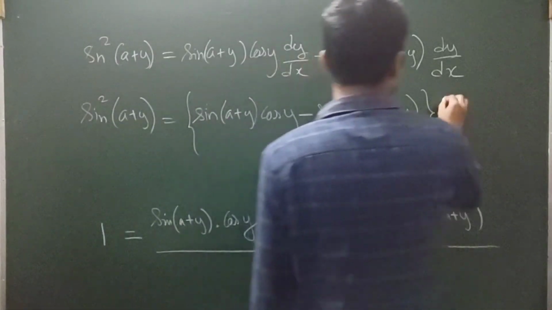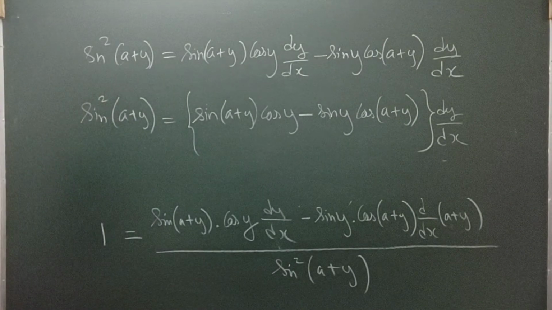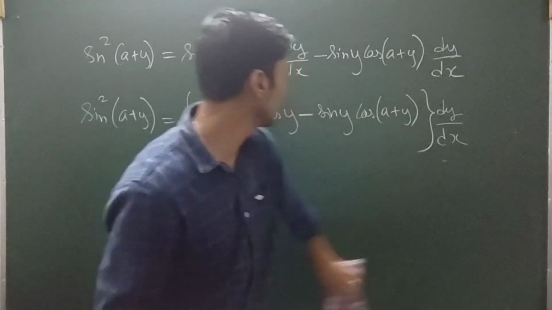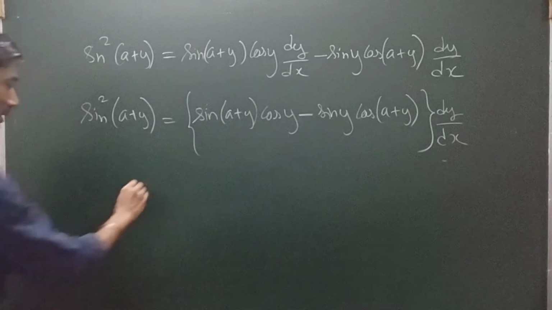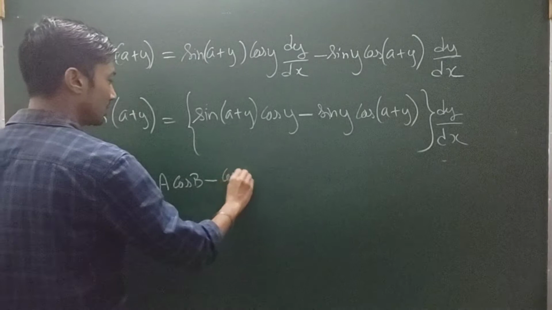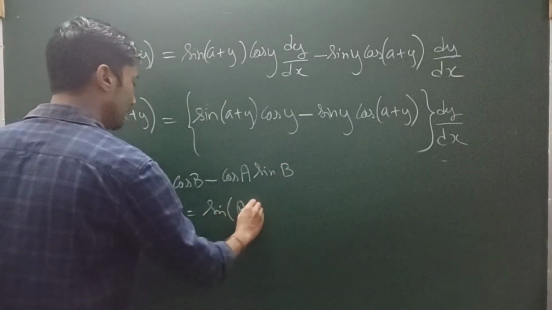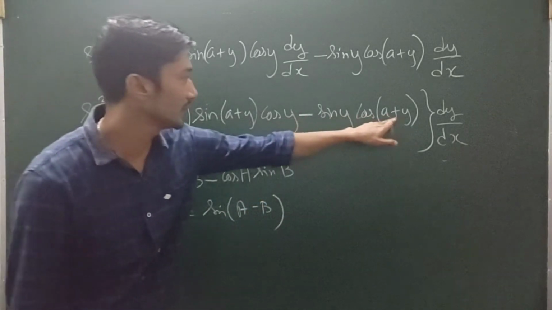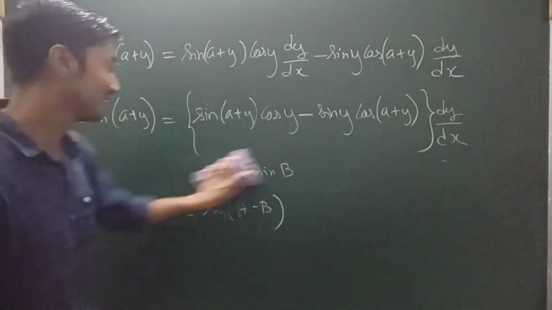Common dy by dx. Trigonometry comes into play again if you want to simplify it. Trigonometry identities. You remember the identity where we have sine A cos B minus cos A sine B? What was that? Sine of A minus B. Trigonometry, no escaping.